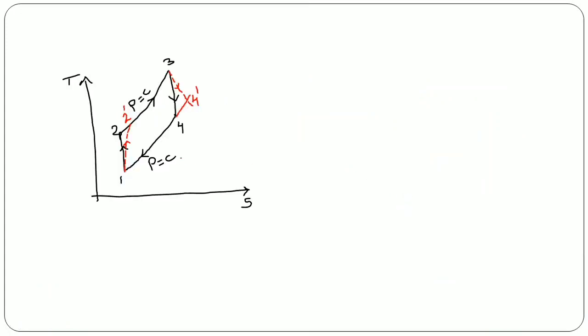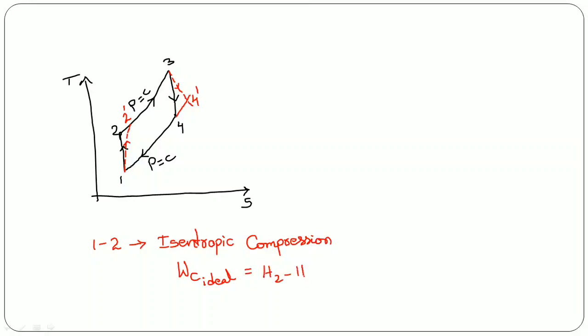Instead, it becomes adiabatic. So process 1 to 2 is representing isentropic compression, which is a reversible process. For isentropic compression, the work input that we are giving to the compressor is the ideal work input, that is H2 minus H1, which is also written as gamma by gamma minus 1 into P2 V2 minus P1 V1.